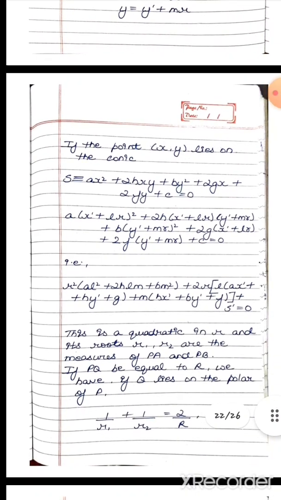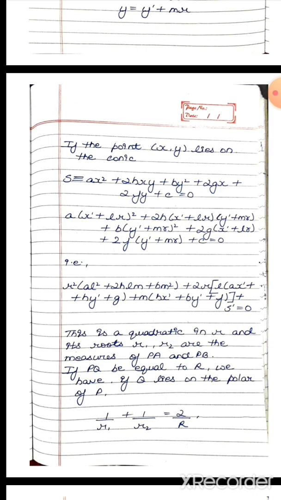If the point (x, y) lies on the conic, then S is ax squared plus 2hxy plus by squared plus 2gx plus 2fy plus c equals 0. So we replace the values of x and y. We get a into (x' plus lr) whole squared plus 2h into (x' plus lr) into (y' plus mr) plus b (y' plus mr) whole squared plus 2g (x' plus lr) plus 2f (y' plus mr) plus c equals 0.